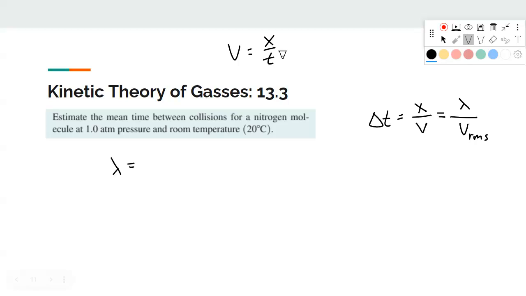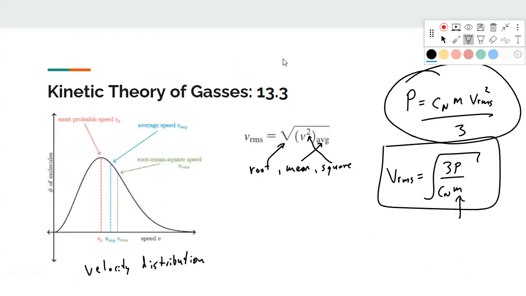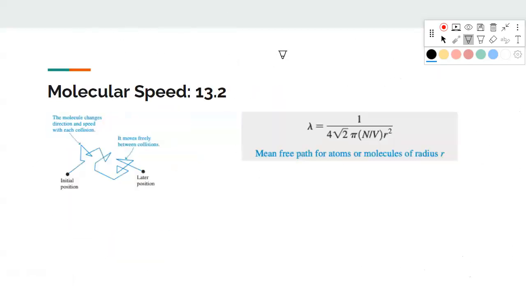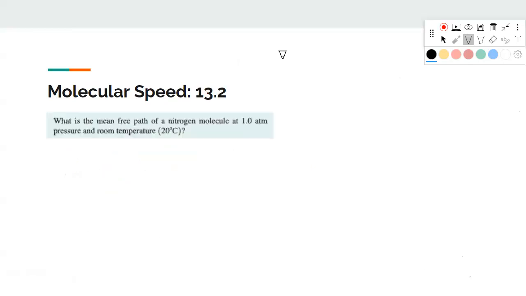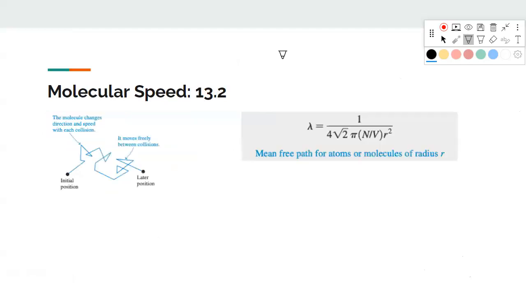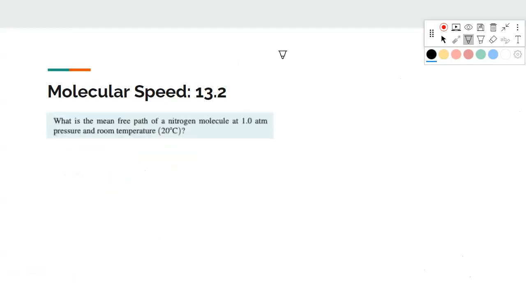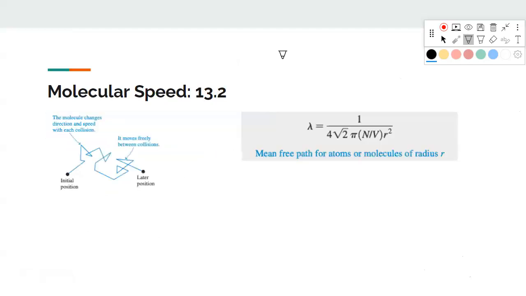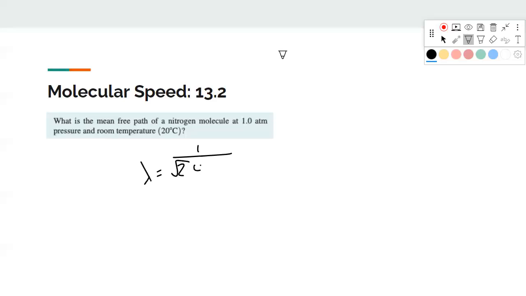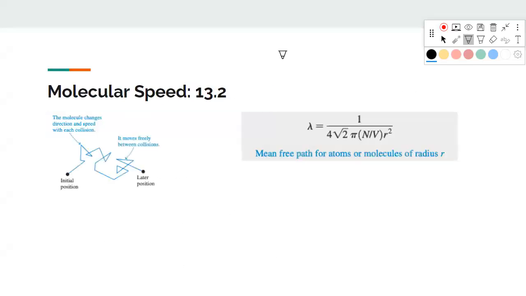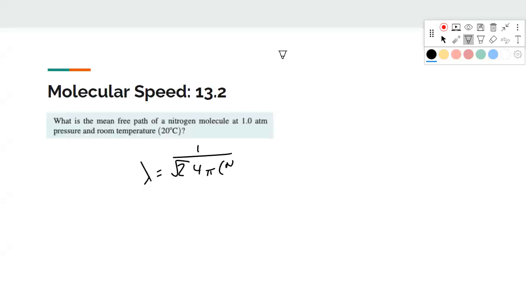And so to get lambda here, we want to go back to this mean free path formula. I forgot to mention that I messed this up yesterday because I just wanted to write the final answer. But I had a few people ask me about it, so let me clarify. This is the formula for mean free path.